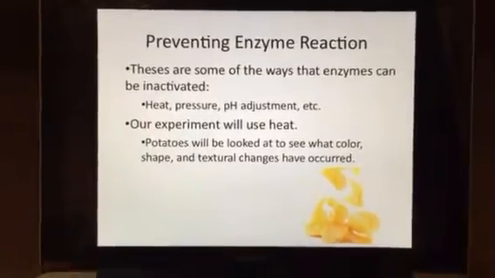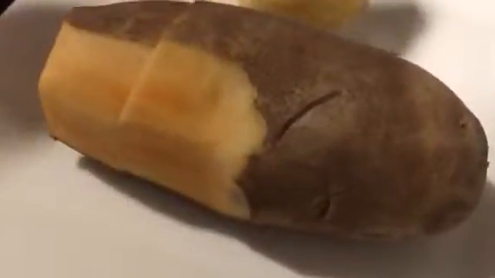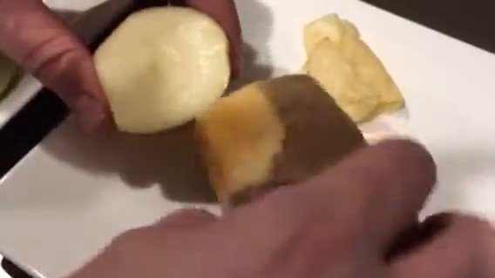Now, if you look over here, I have three different examples of food. The first one I have is a potato, and you'll notice that we have some brown pigment sitting right here. And then I have my potato chip back here. If I cut the potato open and compare the brown pigments that way, you can see how this is still very, very white and not oxidized, and how this has gone through and colored.